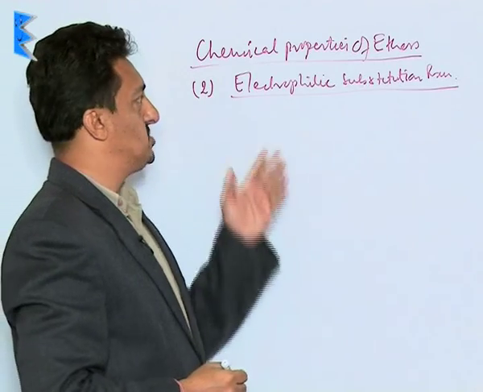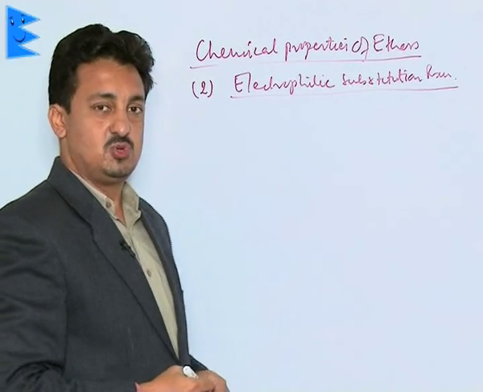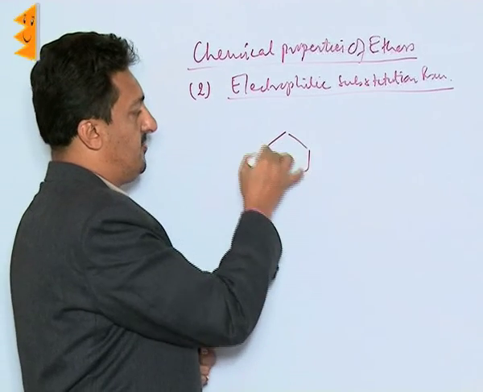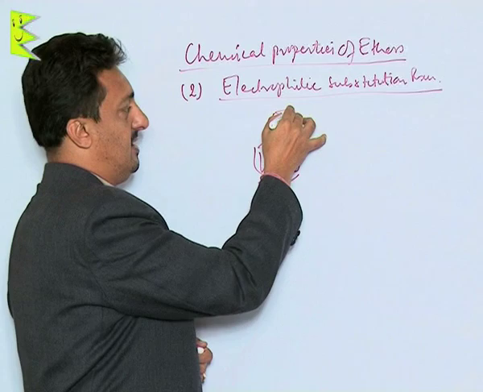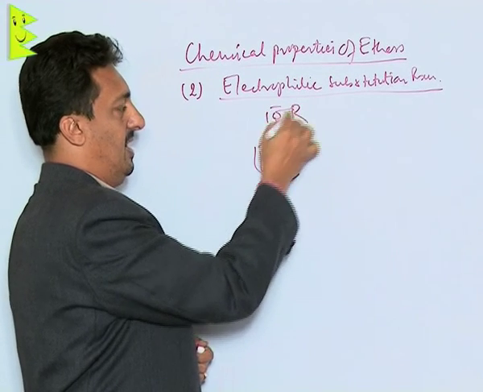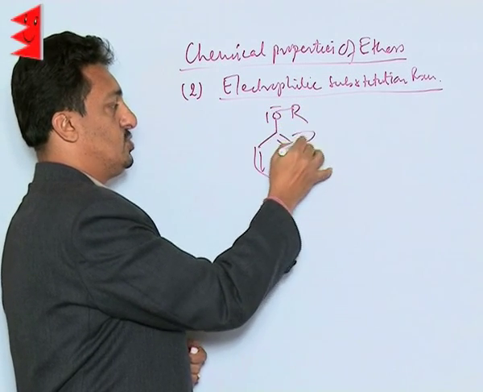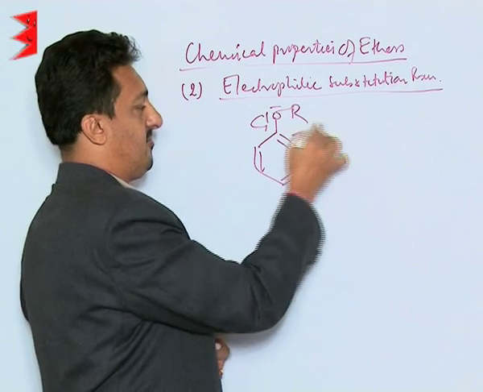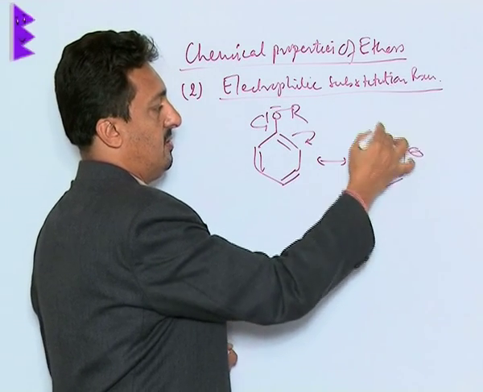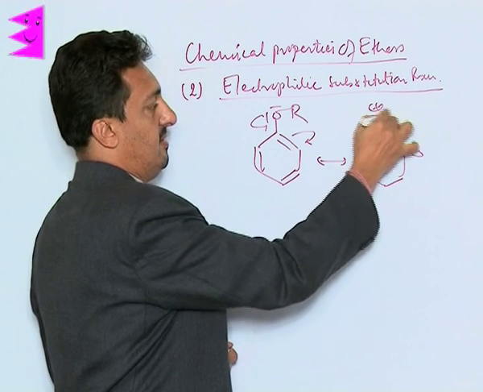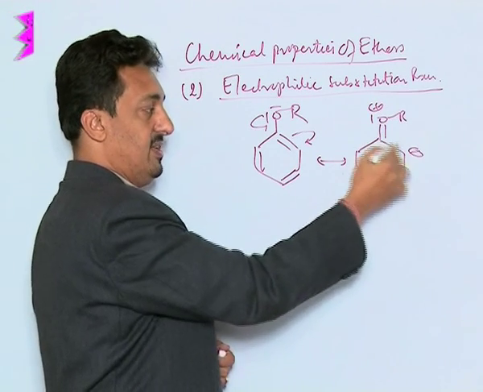The second most important reaction of the ethers is electrophilic substitution. What you need to know in this case is that this ether group, I'm putting it as OR, releases electrons towards the benzene ring, and therefore we can have further resonating structures.